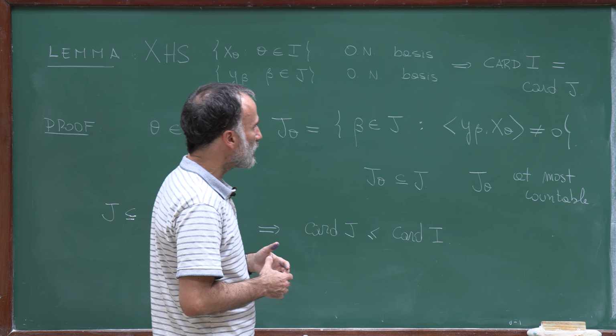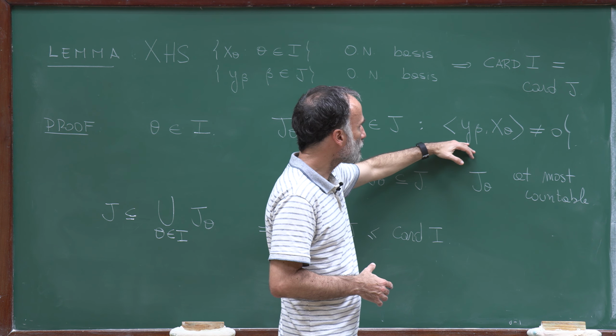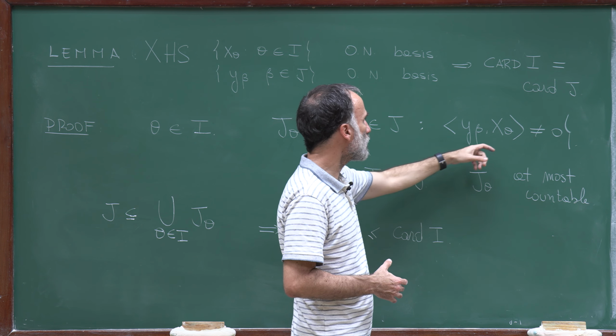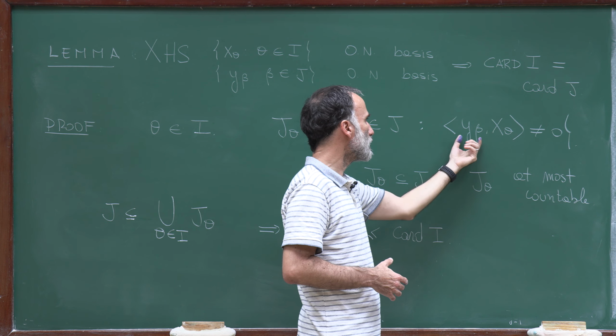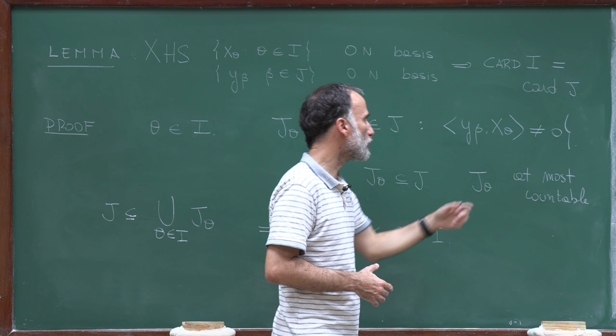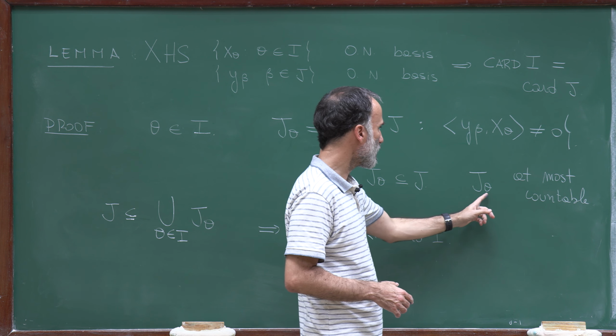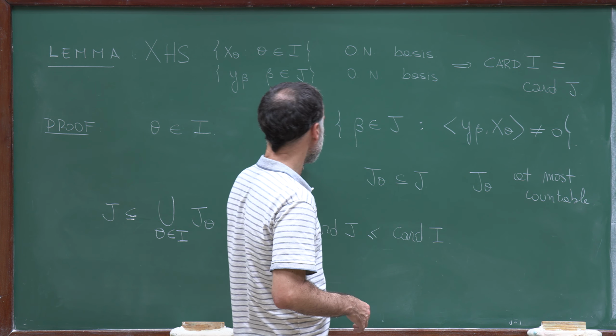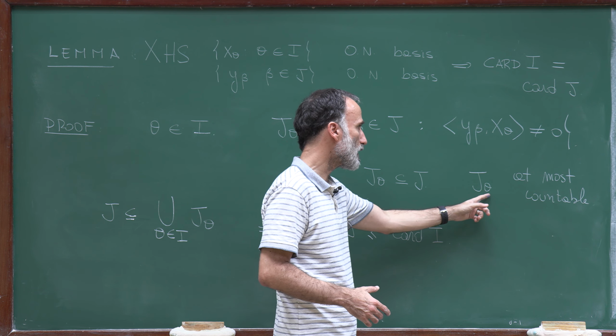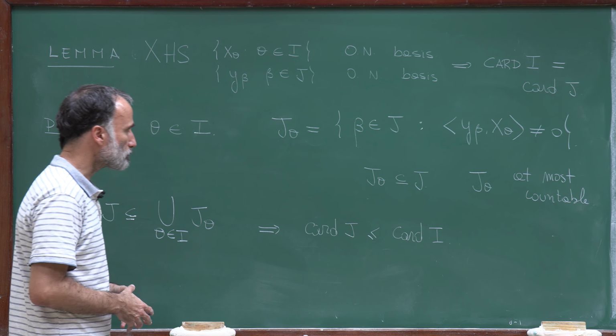We know that this family is at most countable. So there are at most countably many β for which this scalar product is different from 0.